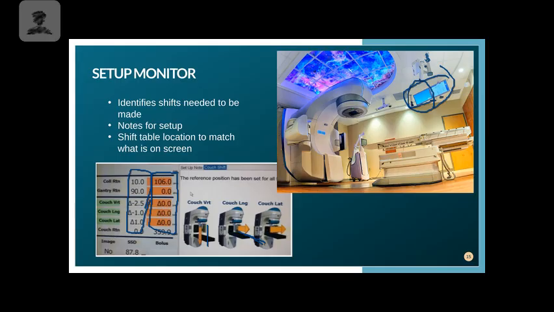We'll say if they need a diving ring to help hold their hands together, if they have a bite block when they are doing mouth or esophageal cancers, or if they have a mask. And if the dosimetrist decides that we need to shift to different locations, they will put that in the setup notes too. So we can see all that on the screen while we have the patient on the table, and we can match to what we need to make sure they're in the correct location.